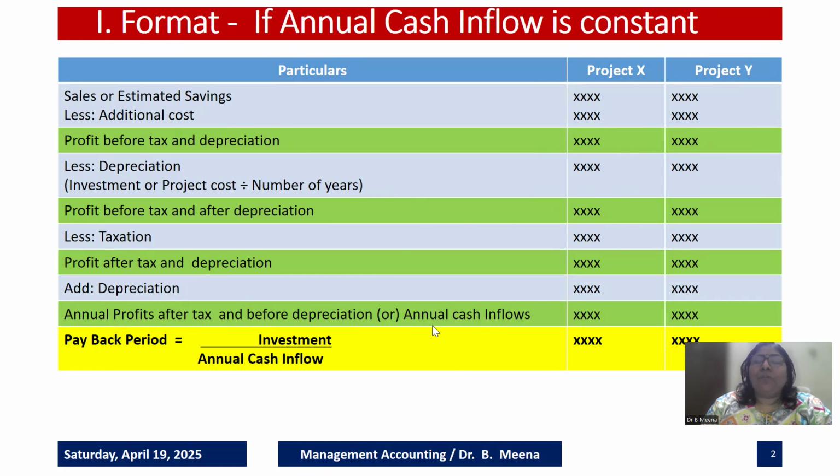Once you know this answer, use the formula: payback period equals investment divided by annual cash inflow, when annual cash inflow is constant. Let me check the problems under this model in the next slide.